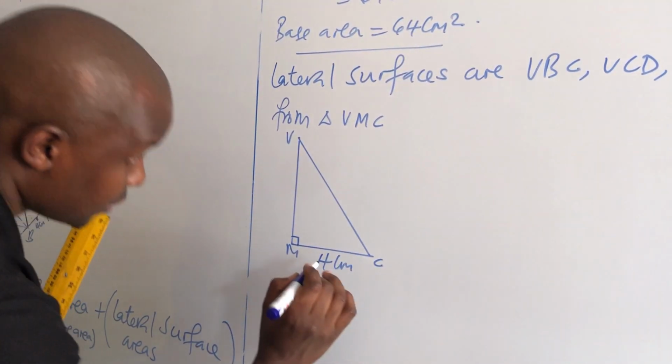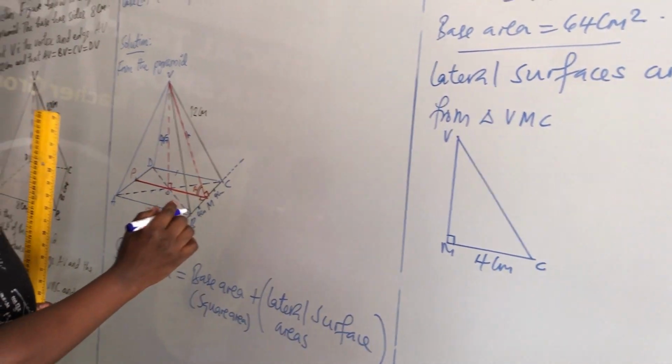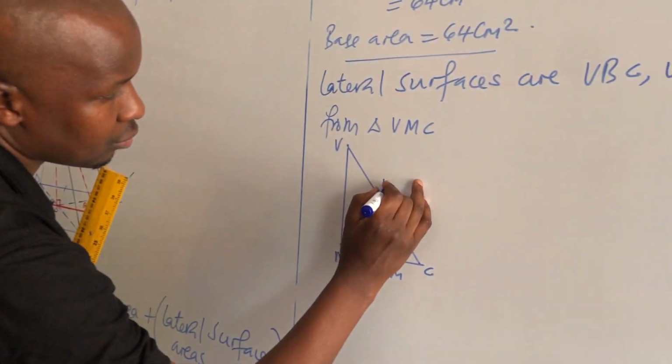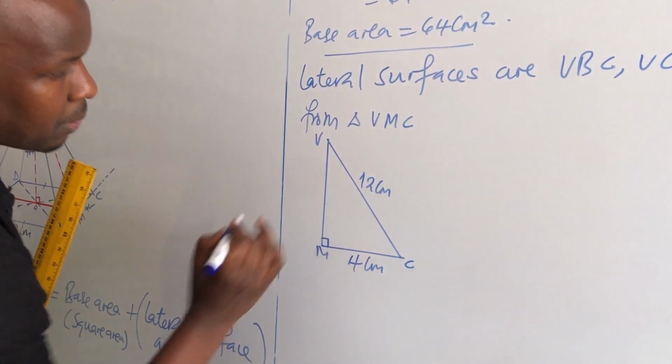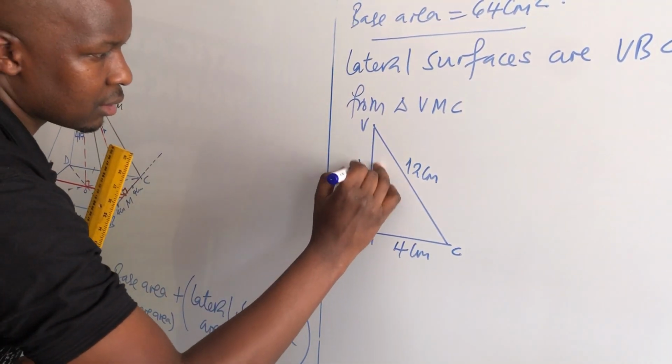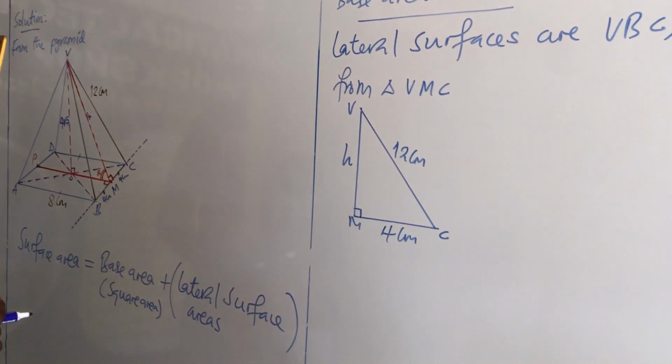Here is 4 centimeters. Now VC was the slant edge, which is 12 centimeters. And now we want this VM, which will be the height of the triangle.